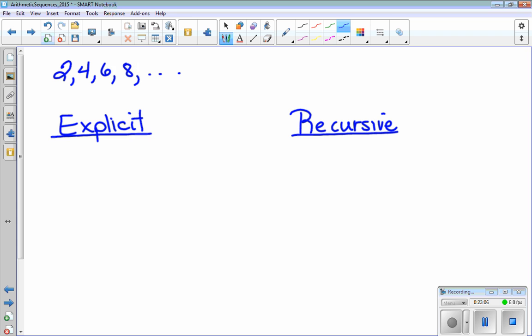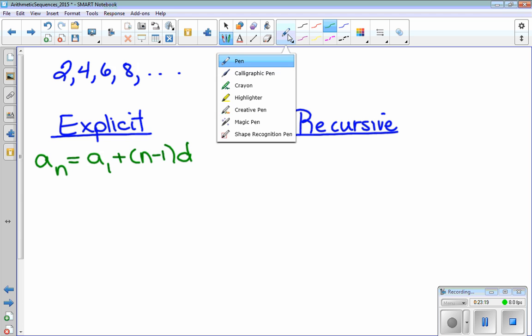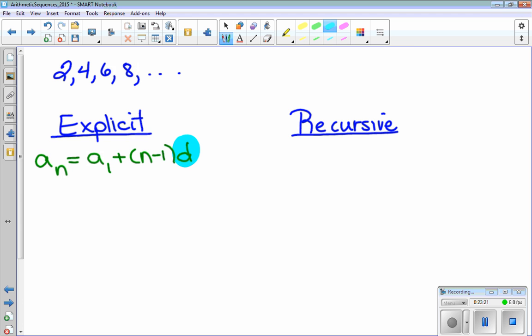Explicit? The formula for explicit according to your formula sheet is a sub 1 plus n minus 1 times d. What do I need to plug in? I need to find the common difference and the first term. What's 2?